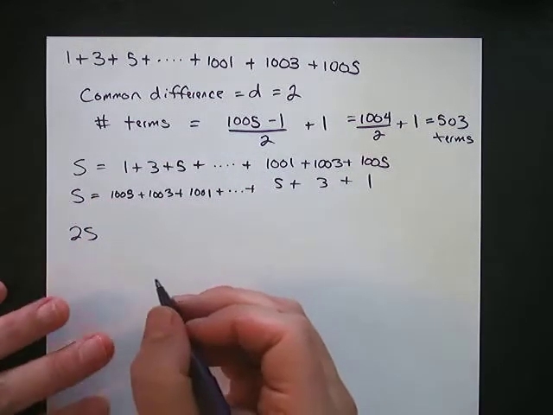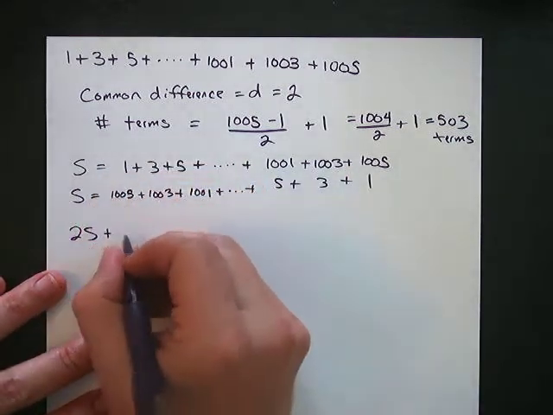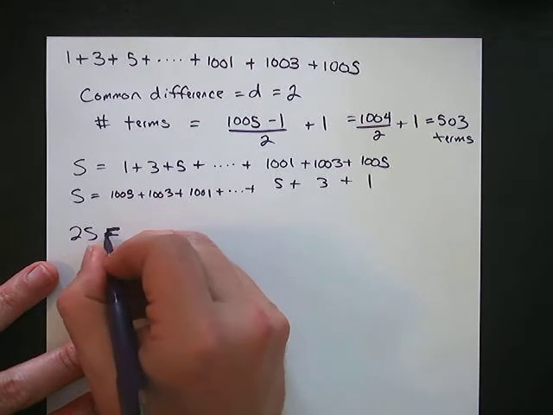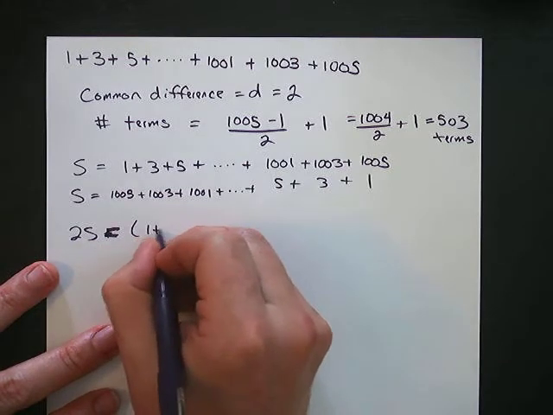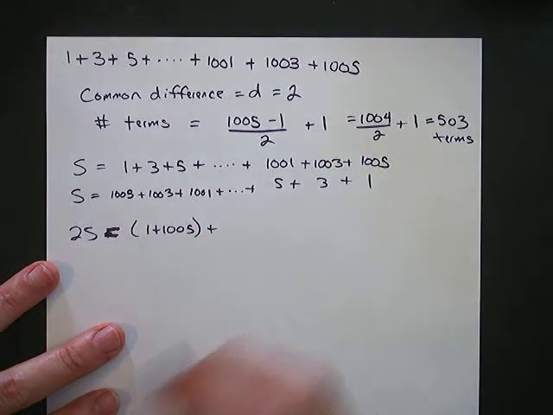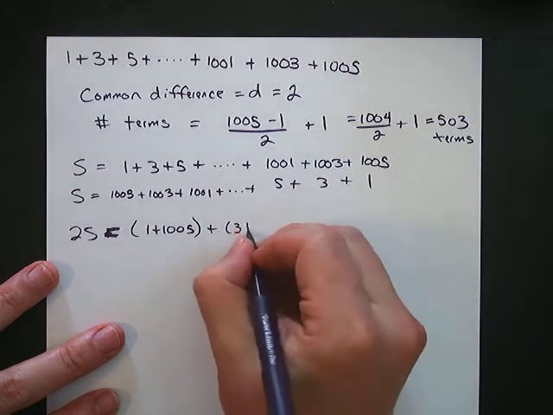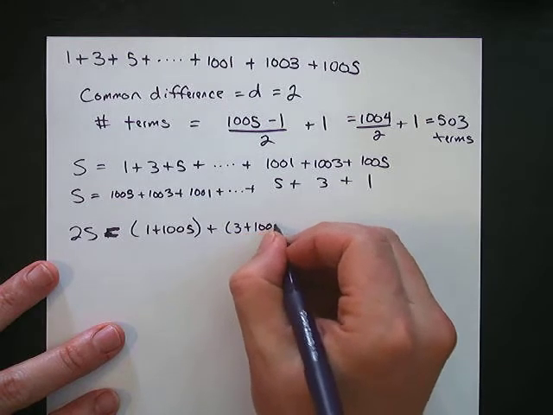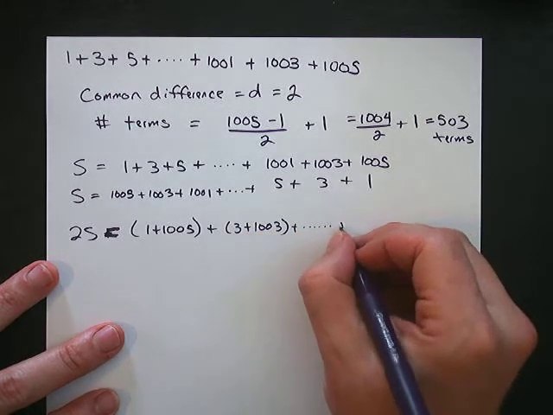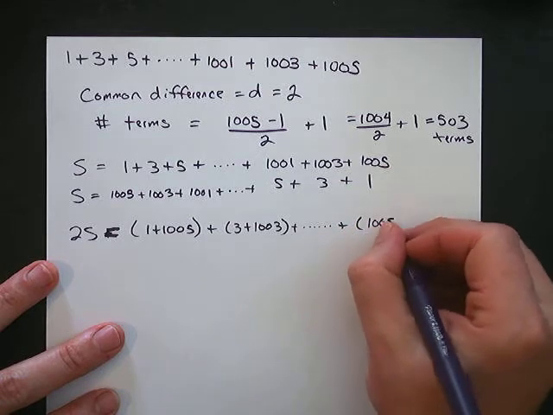Remember, we're adding down, and we're pairing these into parentheses: 1 plus 1005, plus 3 plus 1003, and so on, all the way to the end, plus 1005 plus 1.